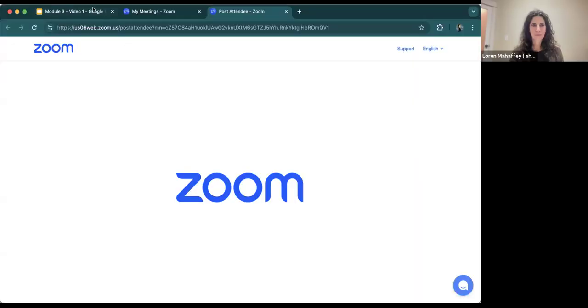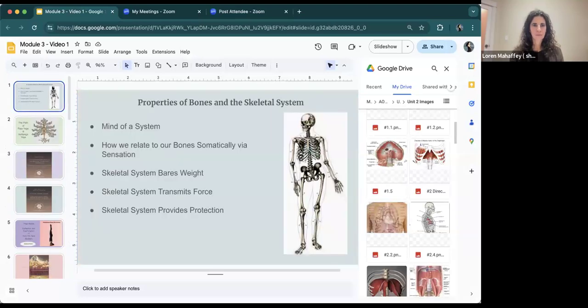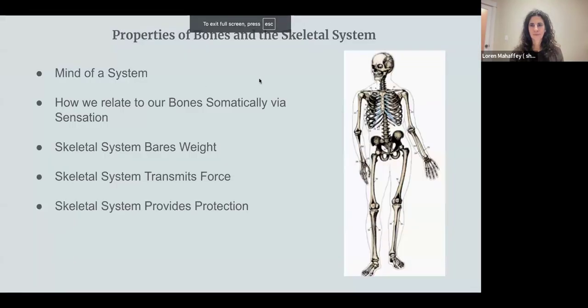Okay, so let's begin the lecture. As I said, today we're going to be talking about the properties of bones and the skeletal system.